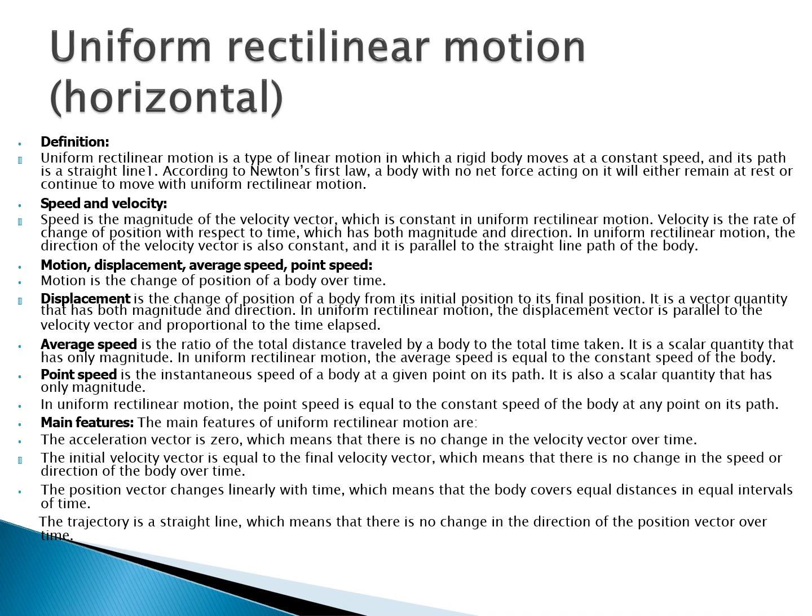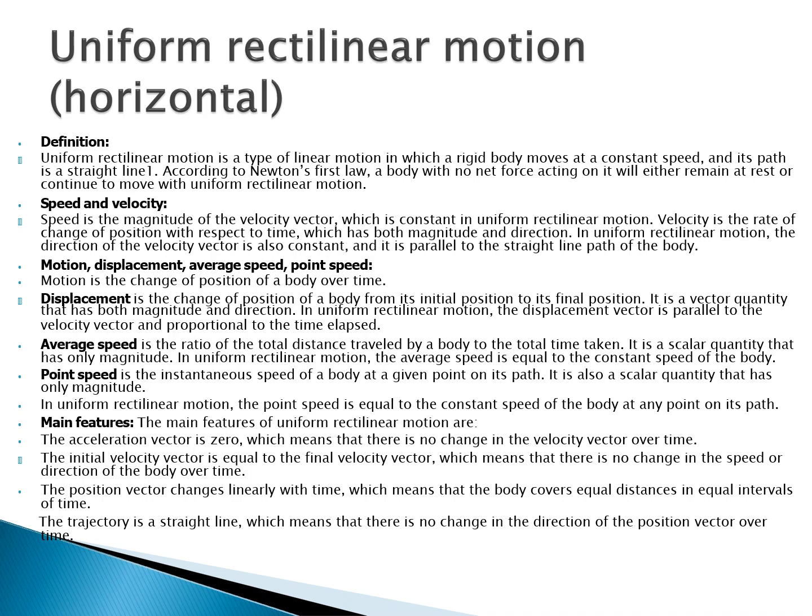Point speed is the instantaneous speed of a body at a given point on its path. It is also a scalar quantity that has only magnitude. In uniform rectilinear motion, the point speed is equal to the constant speed of the body at any point of its path.